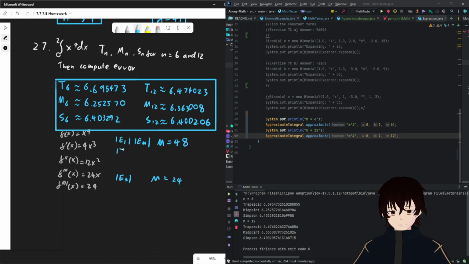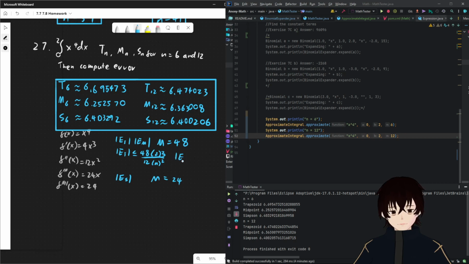So E of t is less than or equal to 48 times 2 squared over 12 times n to the power 2. No, that's cubed.